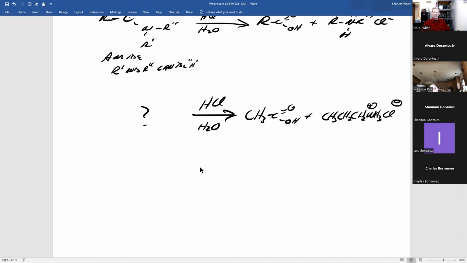What molecule, when you react with HCl and water, gives those two products? Or give the starting material for the reaction that gives those two products?